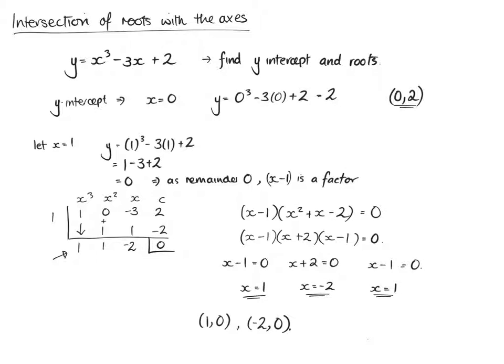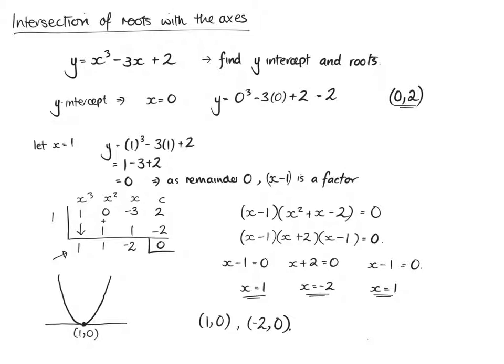And remember that a repeated root means that the graph will come down and touch the axis and then go straight back up again. So at the point (1, 0), you're going to have a repeated root like that. Okay, and the graph is going to go through the point (0, 2), and it's going to go through the point (minus 2, 0) as well.